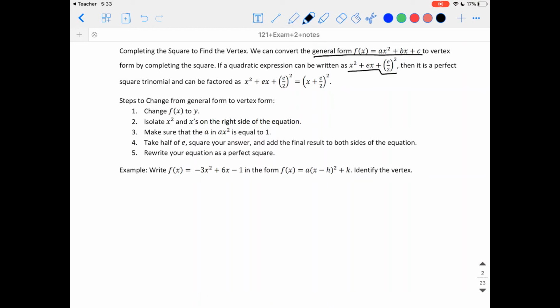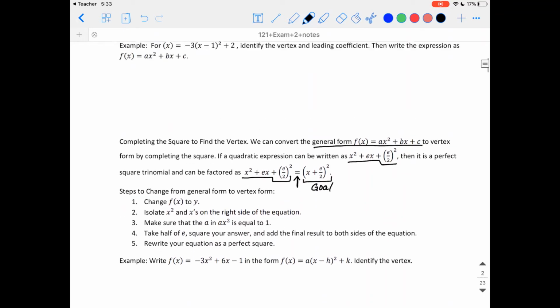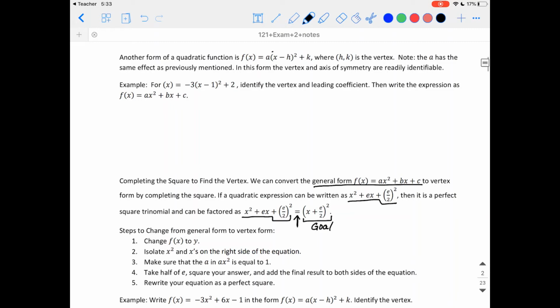So if we have this type of quadratic expression, then we're going to change it to this form. This is our goal. And again, this goal is because in our vertex form, we want this little parenthesis squared.